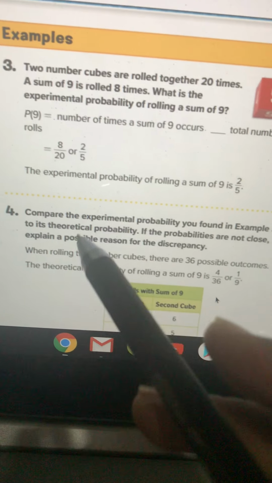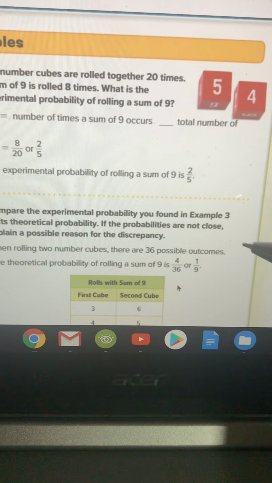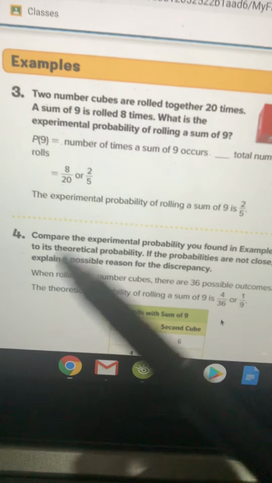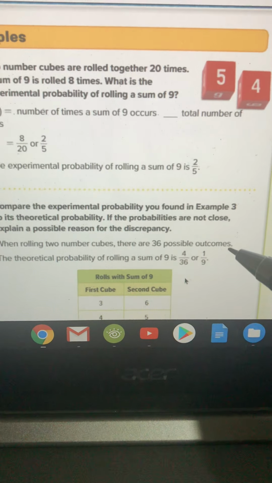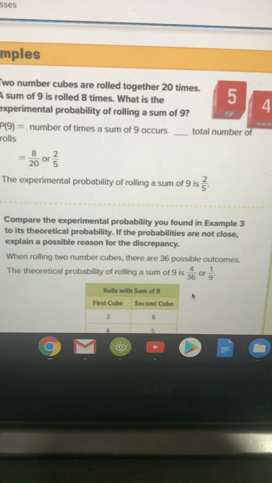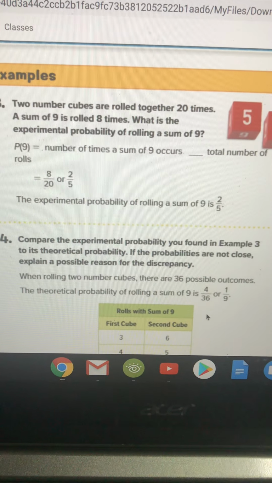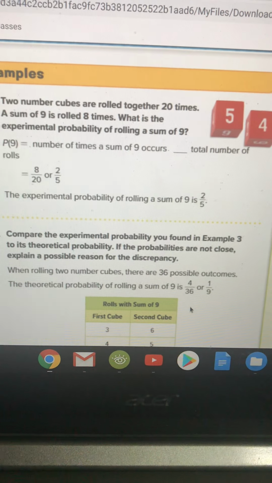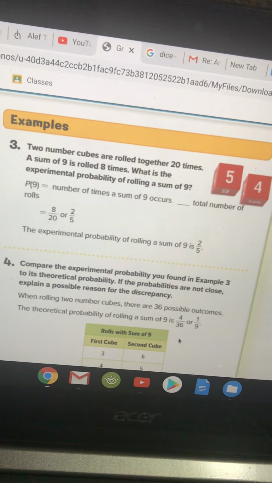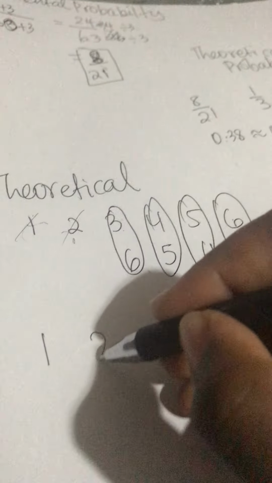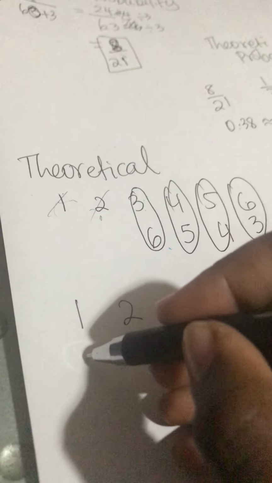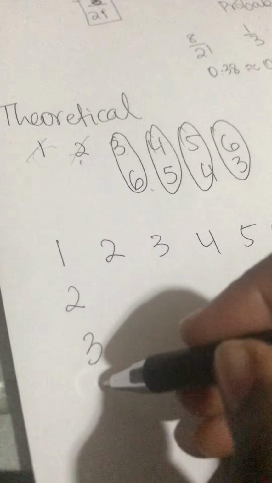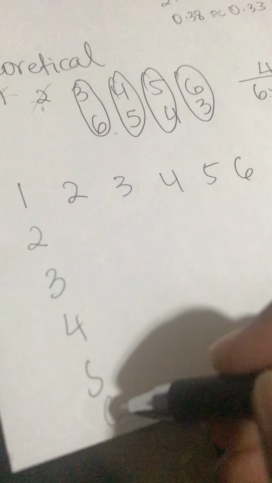Okay? So when you're comparing the experiment, now you have 2 over 5 and you have 1 over 9. You see, when rolling 2 number cubes, there are 36 possible outcomes. So let's show the 36 possible outcomes. You can get a 1, a 2, a 3, a 4, a 5, a 6. And here you can get a 2, a 3, a 4, a 5, and a 6.